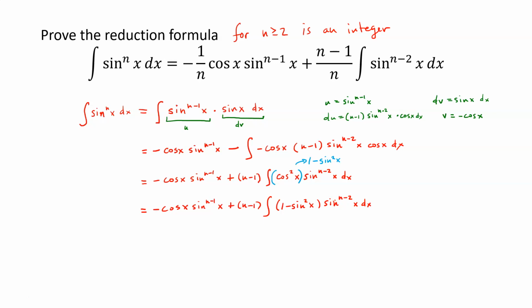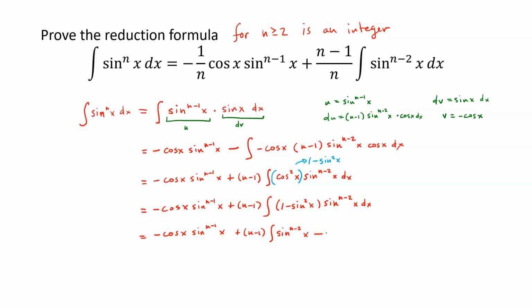Now when I distribute sine to the n minus 2 into the parentheses here, let's see what we get. So that gives me the integral of sine to the n minus 2 minus sine squared times sine to the n minus 2.